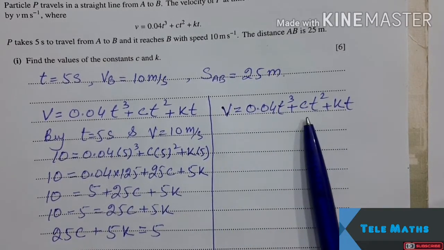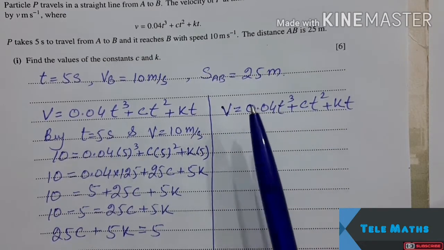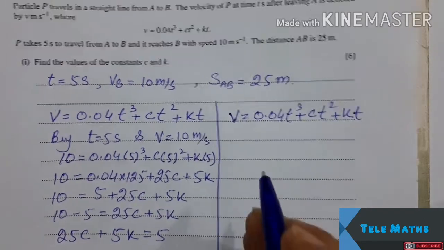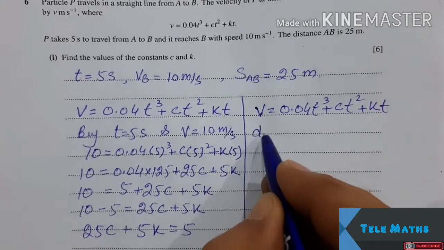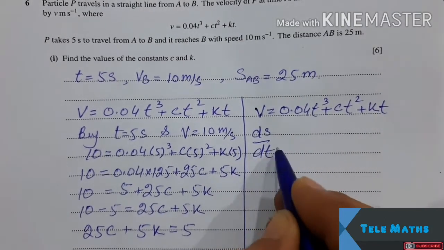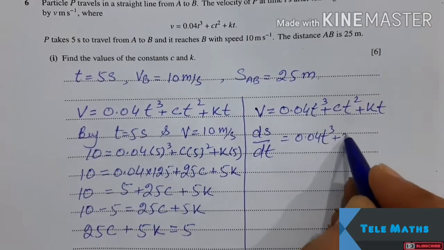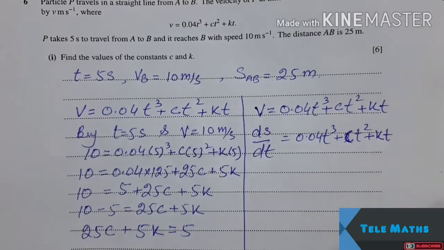So the second expression will be of distance, from which I will get the second equation. So I will extract distance from this expression. I know that speed is actually ds by dt, which is equal to 0.04 t cube plus c t square plus k t.